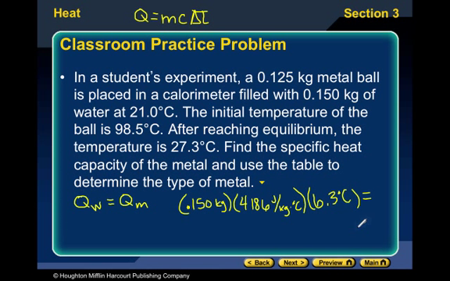Okay. So that's the heat gained. So that's times the heat loss would be the mass of the metal ball, was that Qw or Qm? Qw. Okay. And we're trying to find the specific heat of the metal, so I'm going to leave c there. And what's its change in temperature? 6.3?